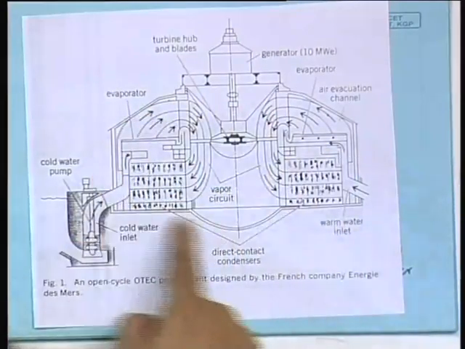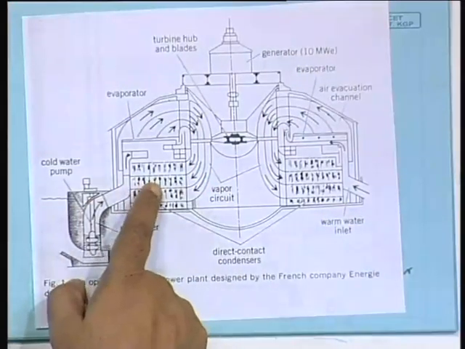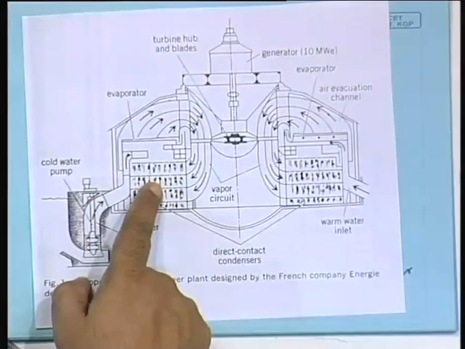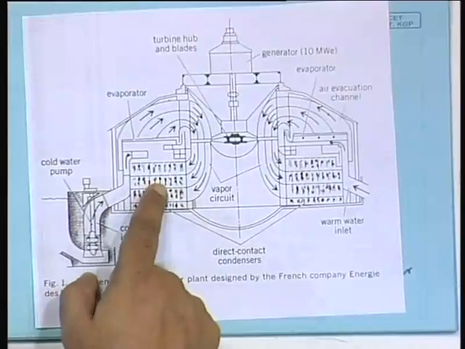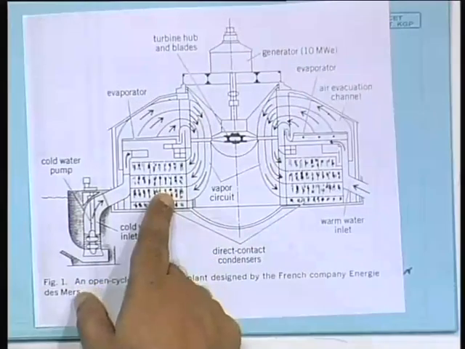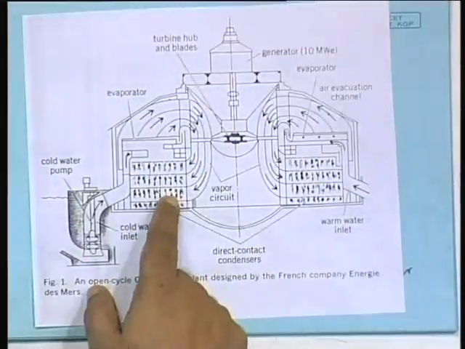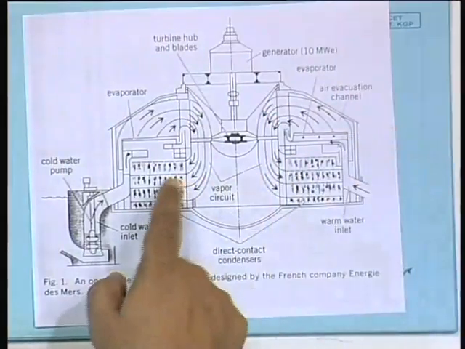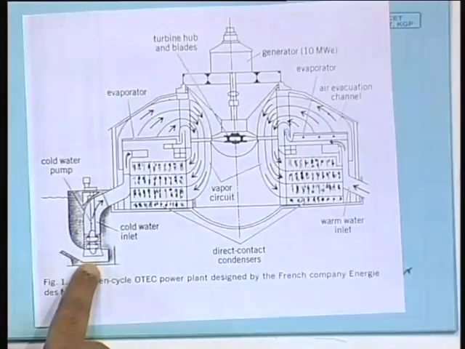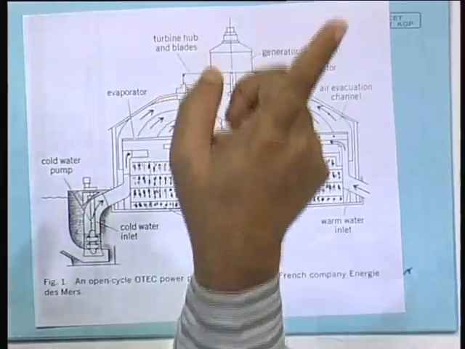Now, in the cycle that I just described, we had mixed the cold water with the steam, but instead if you simply have a heat exchanger, so that the cold water through a heat exchanger condenses the steam, then you sacrifice a bit of efficiency, all right. Why? Because the steam temperature as it cools down will not be the same as the cold water temperature, but nevertheless you have the advantage that what condenses is already desalinated steam.